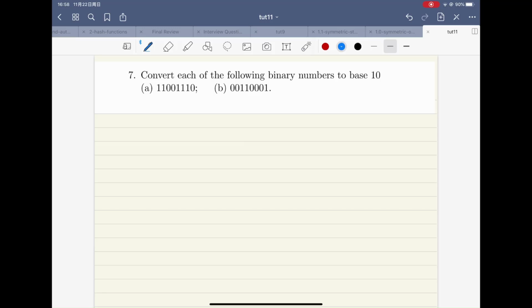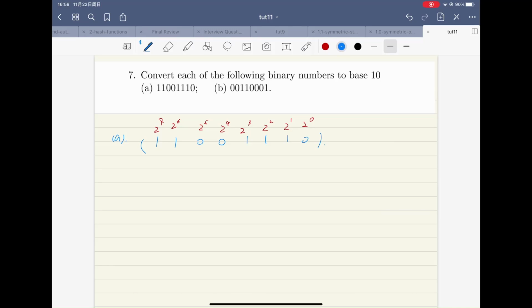Question 7 asks you to convert each of the following binary numbers to base 10. In question A, we have 11001110, right? So the last digit is just to the power of 0, and the second last is power of 1, 2, 3, 4, 5, 6, 7.